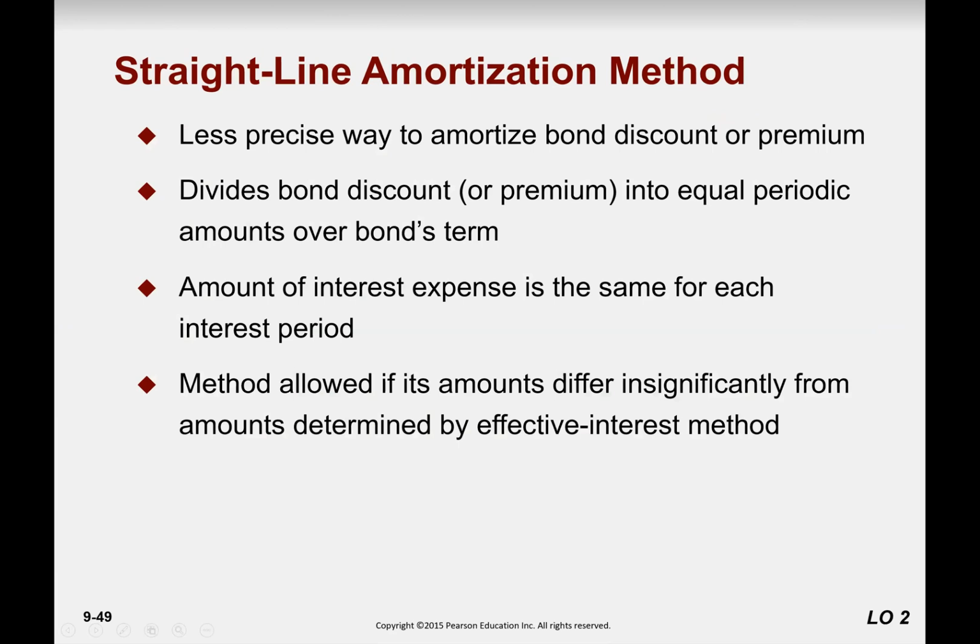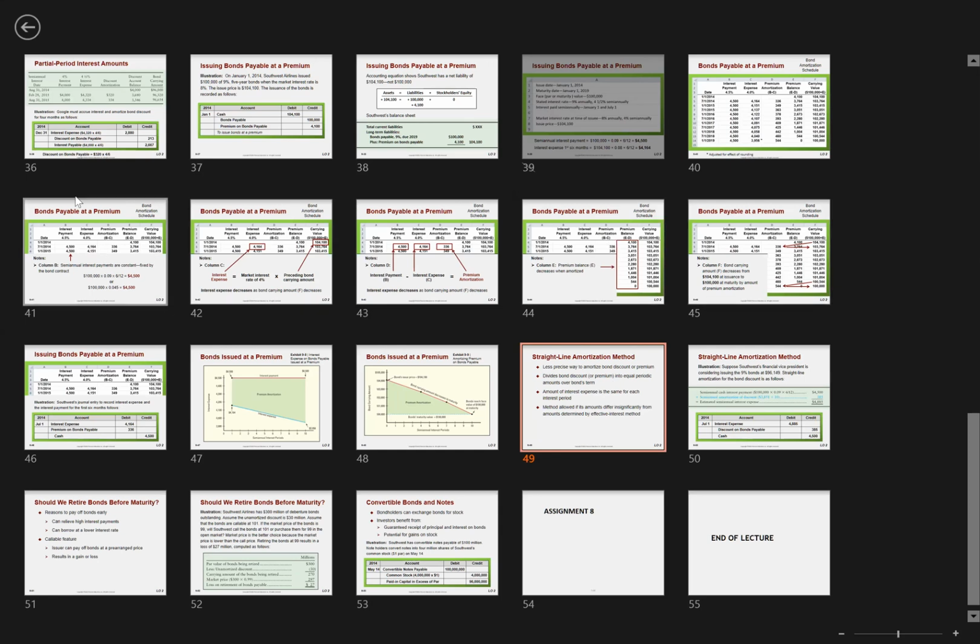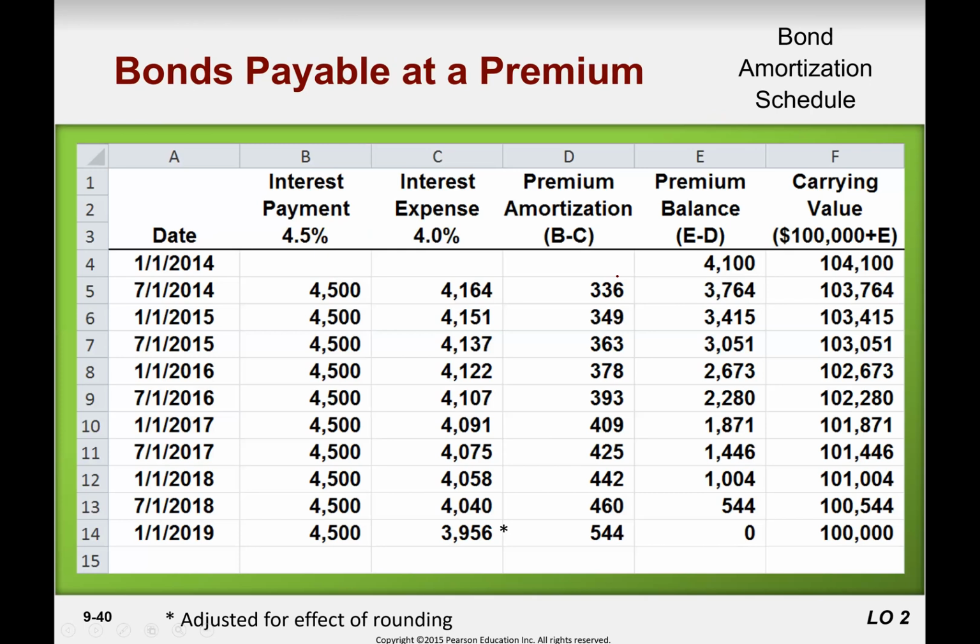So another thing is, why we go through all this mess to amortize the discount or premium based on market interest rates? Why we bother, and we get different amounts every year, 336, 349, 363, 378.